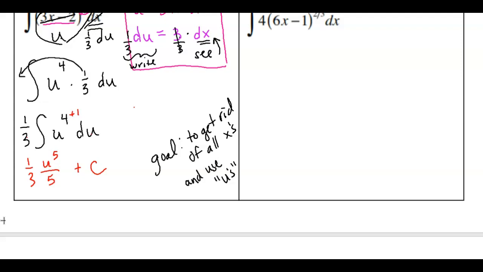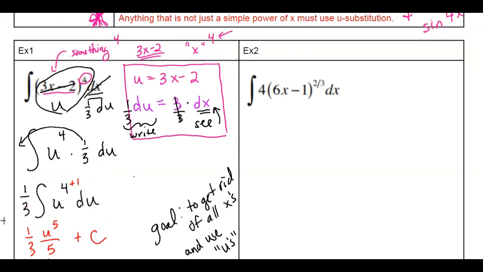So actually we get u to the 5th divided by 15, or 1/15. It's really up to you how you want to write this, plus c. Now, that's great. We've integrated, but we just temporarily changed everything to u so we could do this chain derivative integral kind of thing.